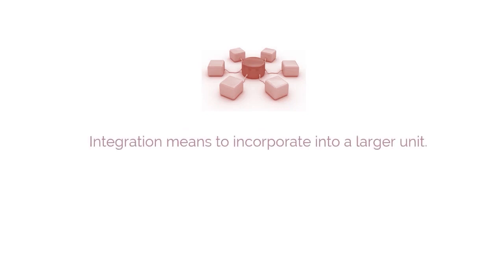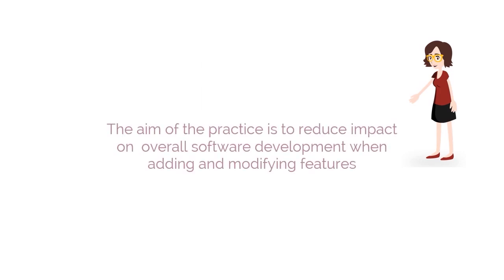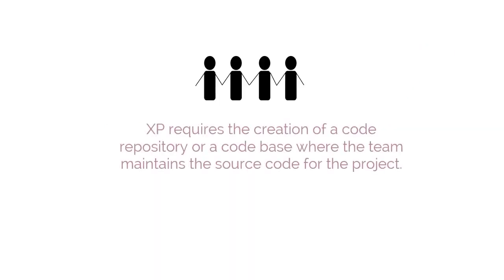As we know, integration means to incorporate into a larger unit. The practice of continuous integration follows a similar principle, and the aim of the practice is to reduce the impact on the overall software development when adding and modifying features. XP requires the creation of a code repository or a code base where the team maintains the source code for the project.